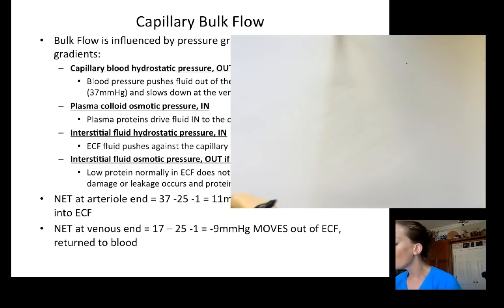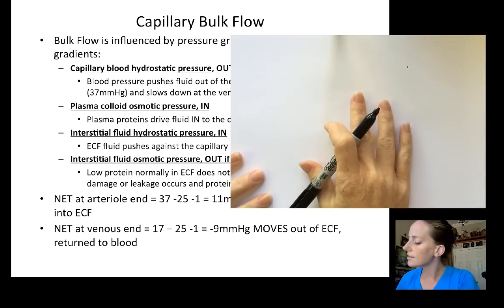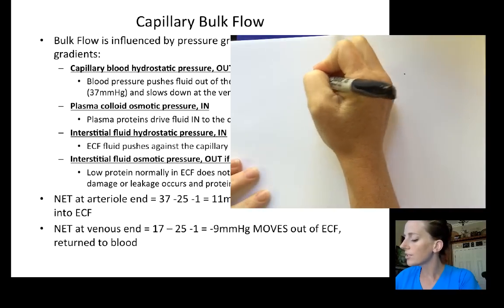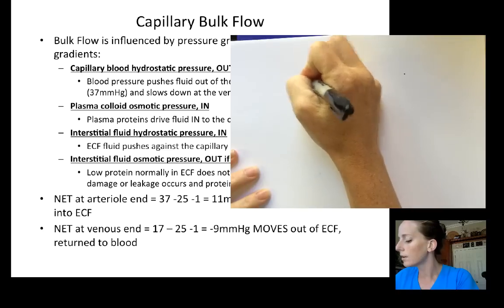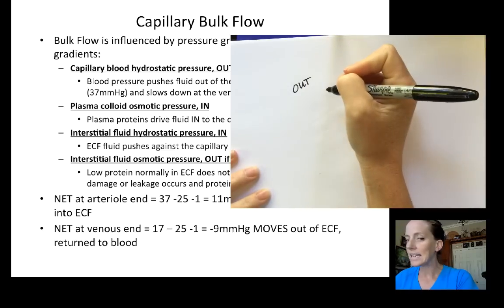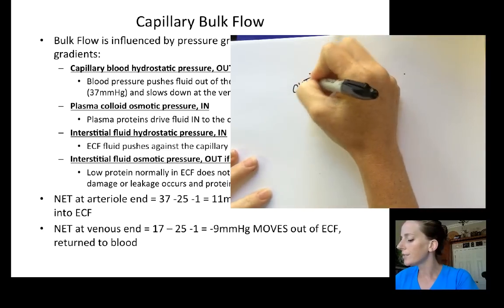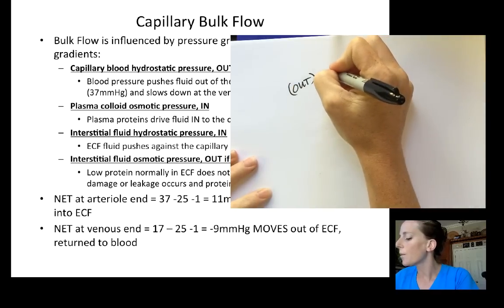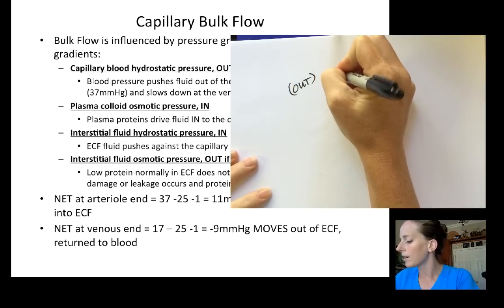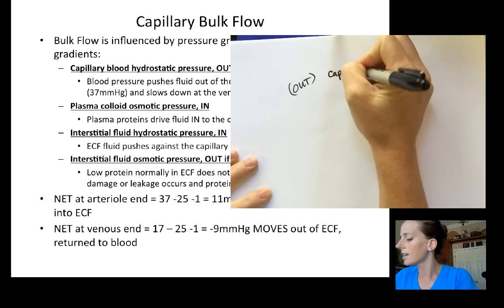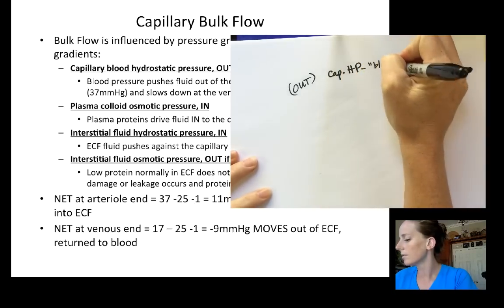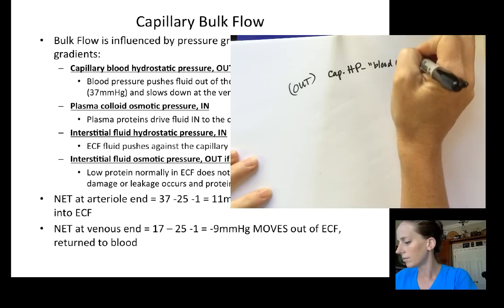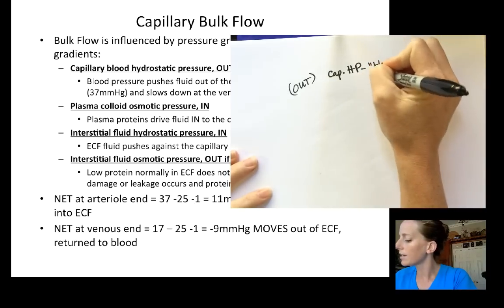Okay, so what we have is pressures that are going to drive fluid out of the capillaries and into the tissues. The first out pressure is going to be the capillary hydrostatic pressure. In other words, this is blood pressure at the capillaries.